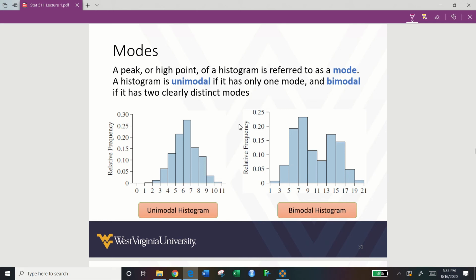We concern ourselves whether we have something that is unimodal, meaning we really have one value that distinguishes itself from the others, or something that is bimodal, where we have two values that are really distinguishing themselves as being something that occurs the most.